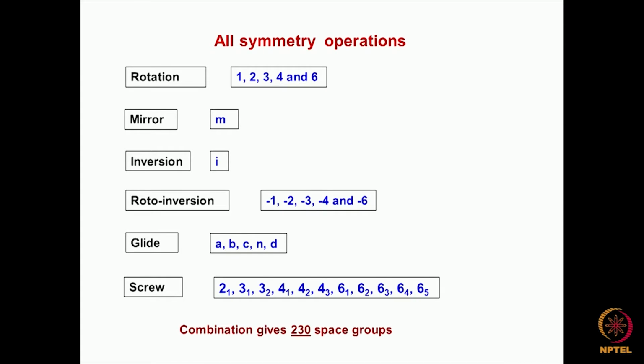Now if we see a combination of these various symmetry elements, what are the distinct groups which will be formed? That number is only 230.